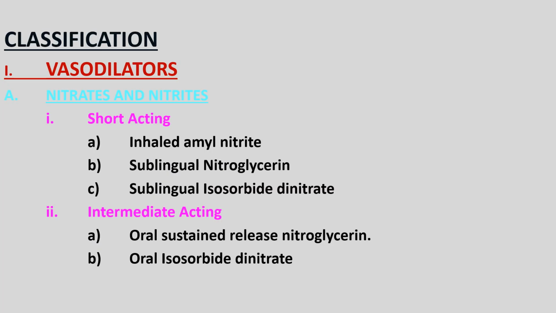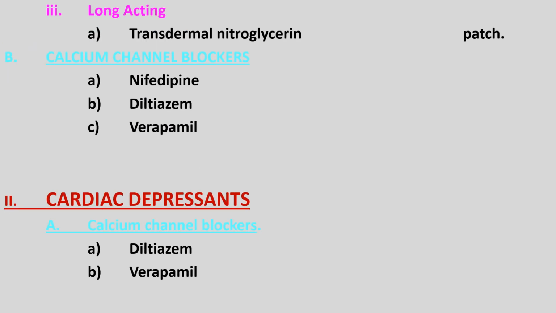Further classifying vasodilators, nitrates and nitrites. So we have to now memorize the names. Short actings are inhaled amyl nitrite, sublingual nitroglycerine, sublingual isosorbide dinitrate. Under the category of intermediate, we have oral sustained release nitroglycerine and oral isosorbide dinitrate.